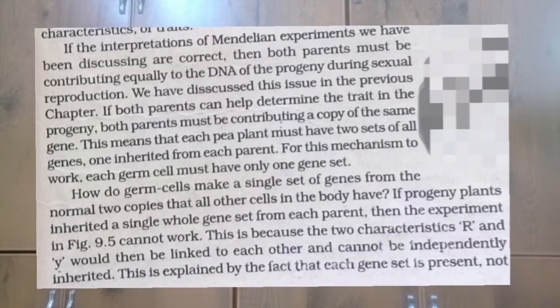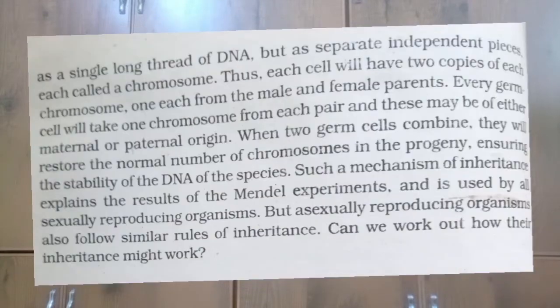not as a single long thread of DNA but as separate independent pieces, each called a chromosome. Thus, each cell will have two copies of each chromosome, one each from the male and female parent. Every germ cell will take one chromosome from each pair, and these may be of either maternal or paternal origin.